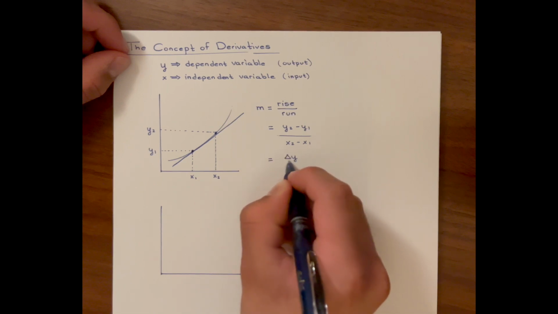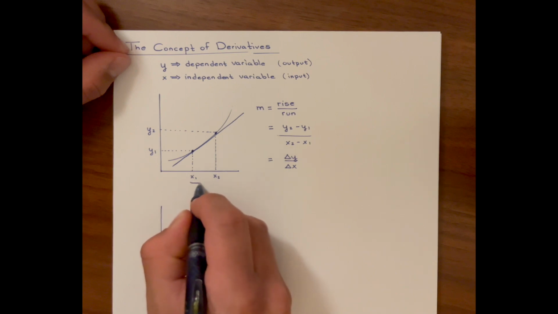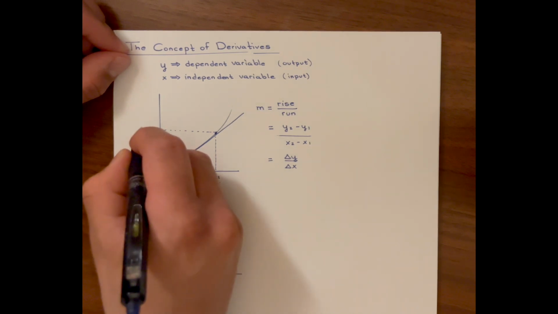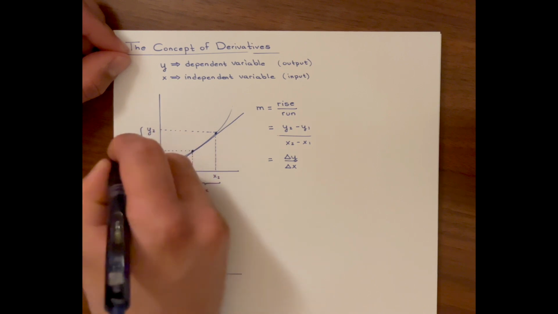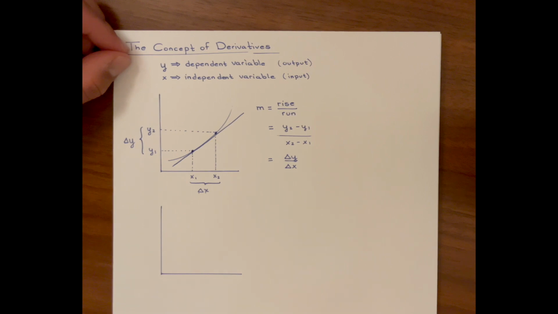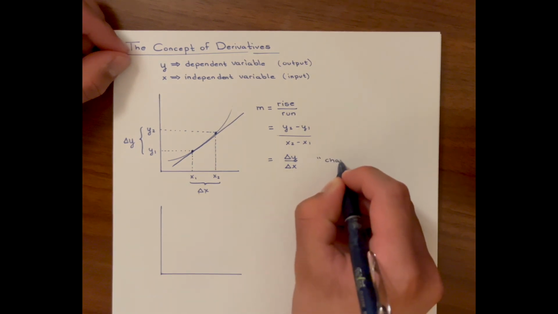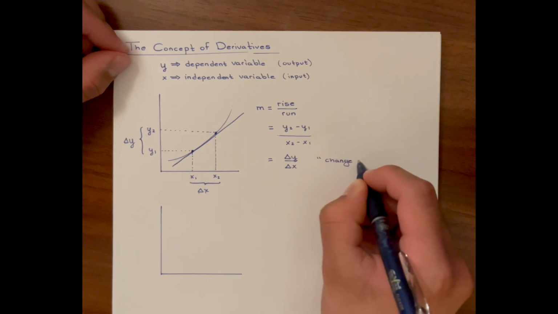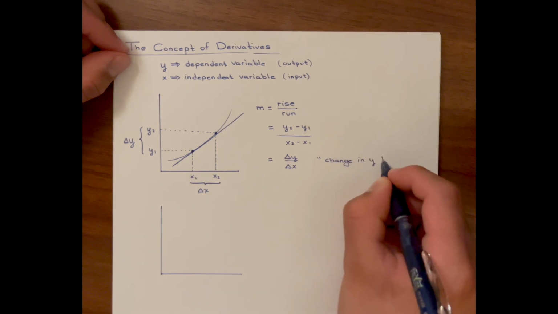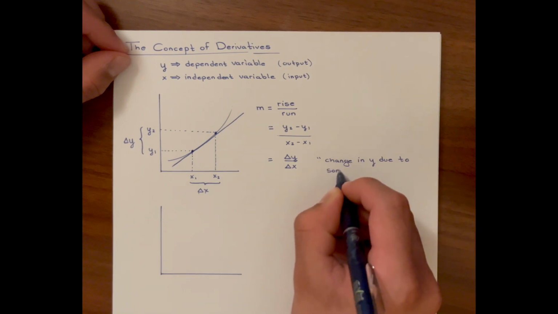That is to say, our delta y all over our delta x, our change in y all over our change in x. So we have a ratio to represent change in y over change in x. Pretty straightforward. All this means in English is the change in y due to some change in x.